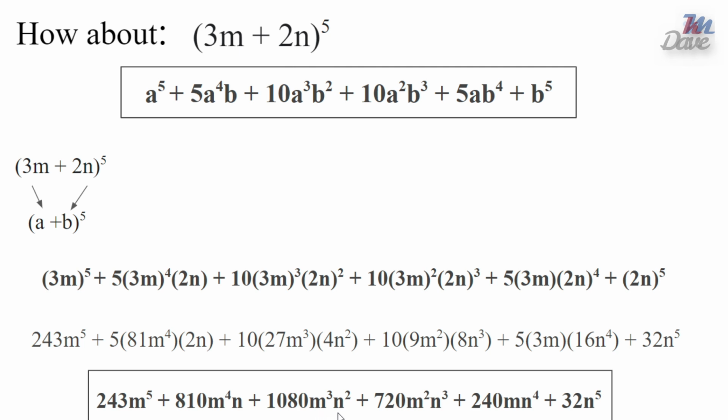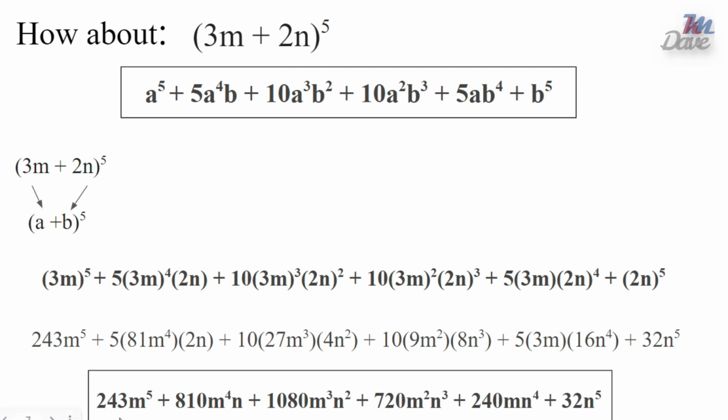Copy the m cubed and the n squared, plus 10 times 9 times 8, which will become 720. Copy the m squared and n cubed, plus 5 times 3 times 16, which is 240. Copy the m and the n raised to 4, plus copy the 32n raised to 5.